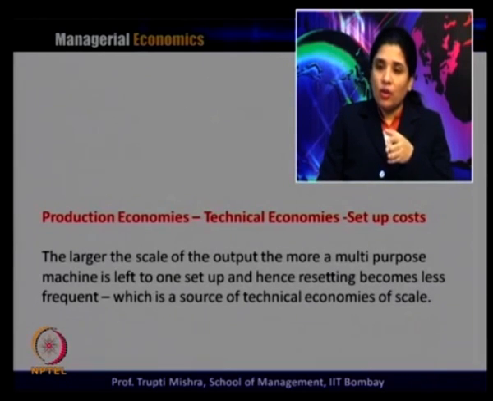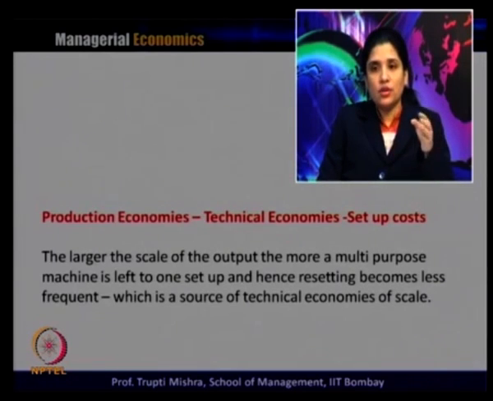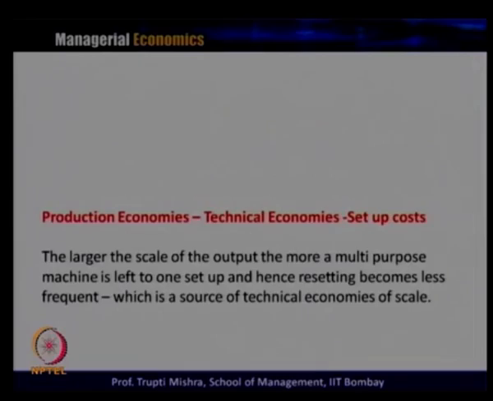So, in one setup all the doors will get produced, in another setup the wings will get produced, or in another setup the frame will get produced. If it is large scale, in one setup, if the units are more, the average setup cost goes down with each unit of output.